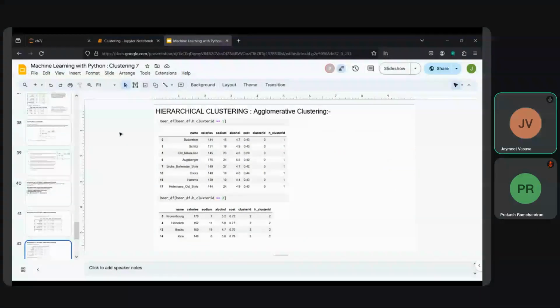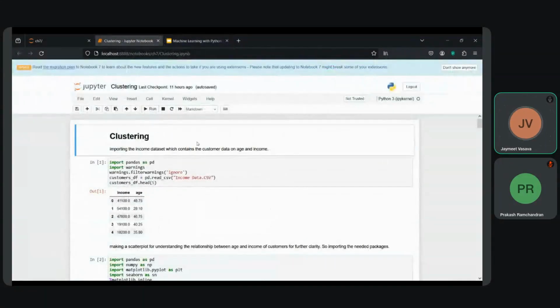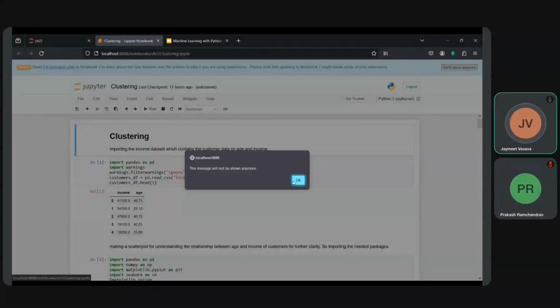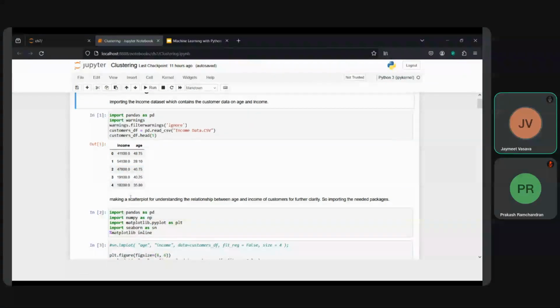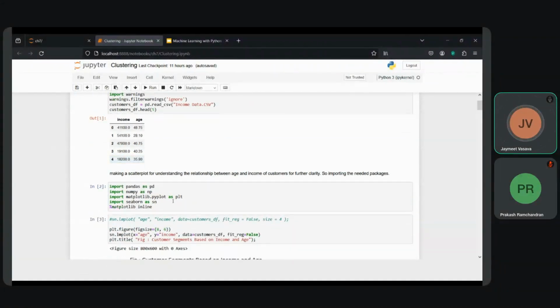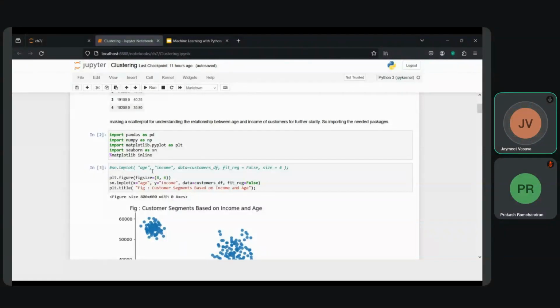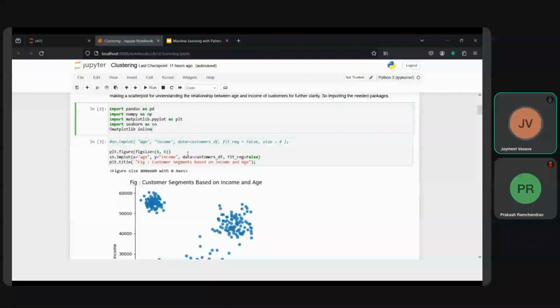So now we'll summarize this session. We started by discussing clustering with the dataset called income data, where we had the income and age of the customers. In order to get a deeper insight into the dataset, we plotted it on a scatter plot with the needed libraries.